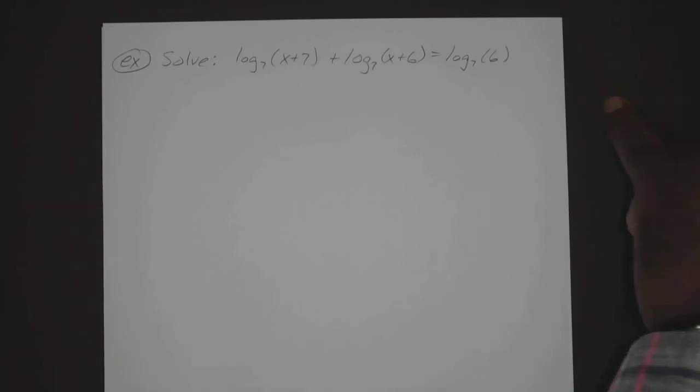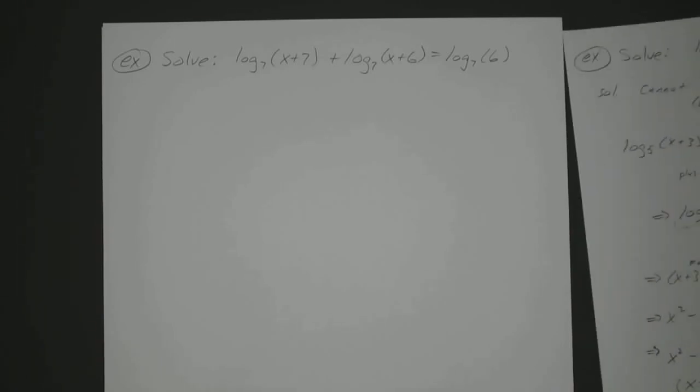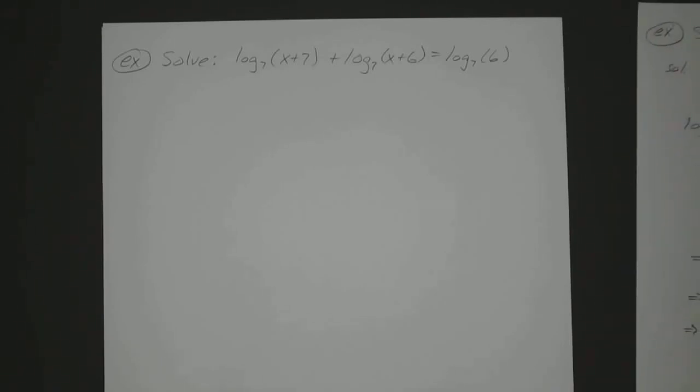So let me write this on the board, and I'll put the previous example back up since it's really kind of the same thing. x plus 7. I should probably move that over.